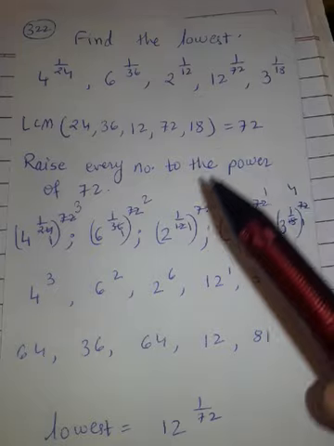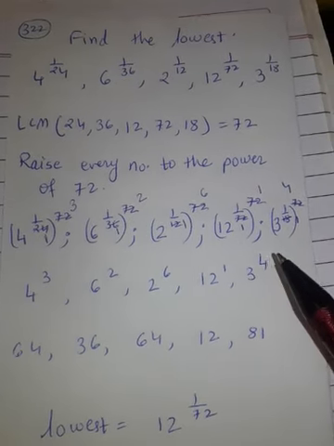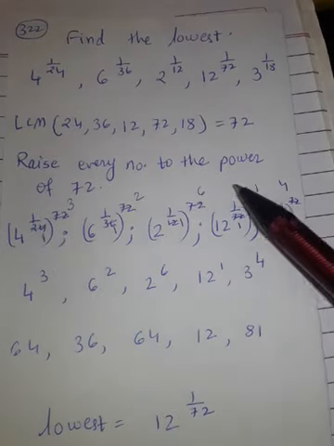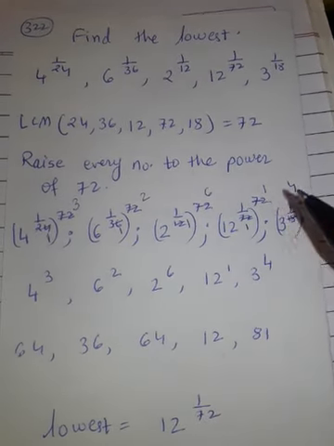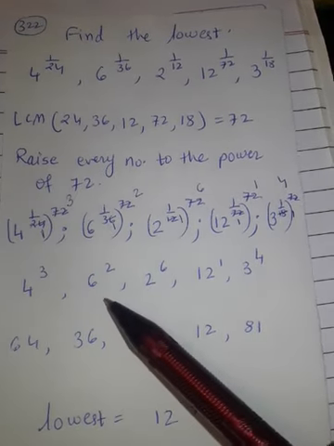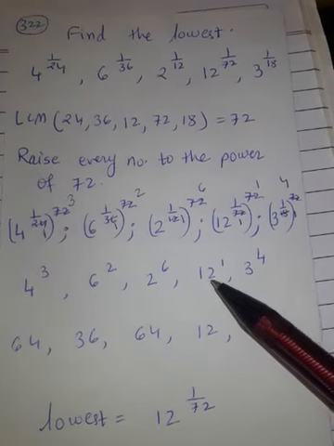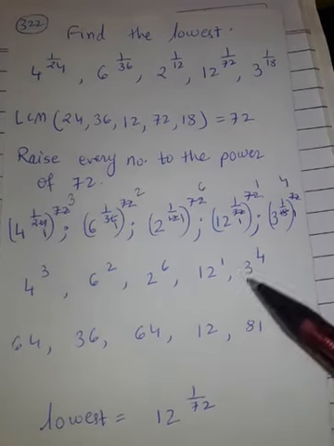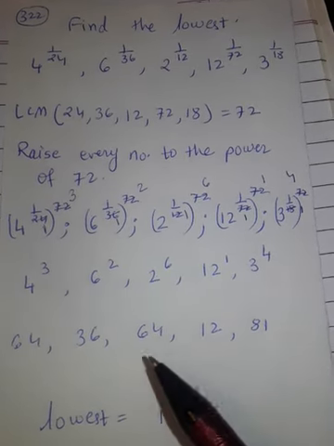These numbers are not equal to these numbers, not at all. But this trick will give us equivalent numbers for comparison. That's all. 4 cube is 64, 6 square is 36, 2 raised to 6 is 64, 12 raised to 1 is 12, 3 raised to 4 is 81. We need the lowest number.